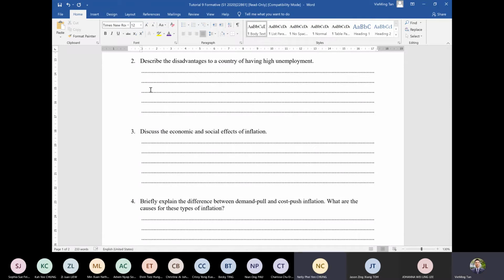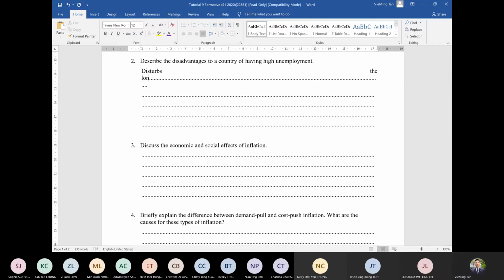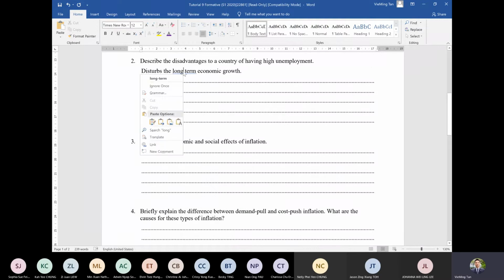So this disturbs the long-term economic growth due to the resources not being fully utilized. I'll give you the full answer later on.